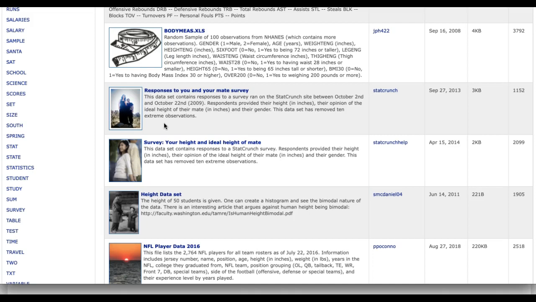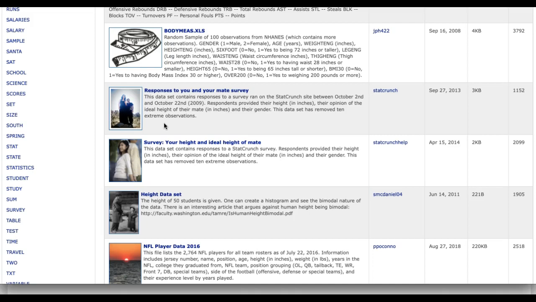The dataset contained responses to a survey run on the StatCrunch site between October 2nd and October 22nd, 2009. The respondents provided their height in inches, their opinion of the ideal height of their mate in inches, and their gender.